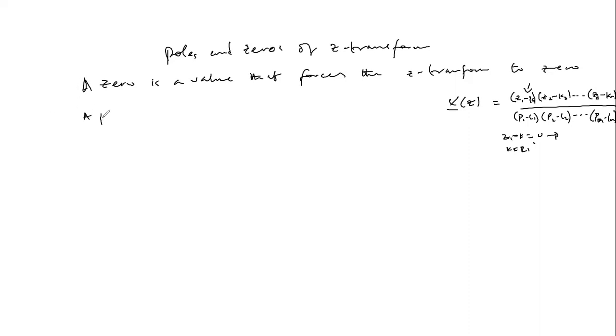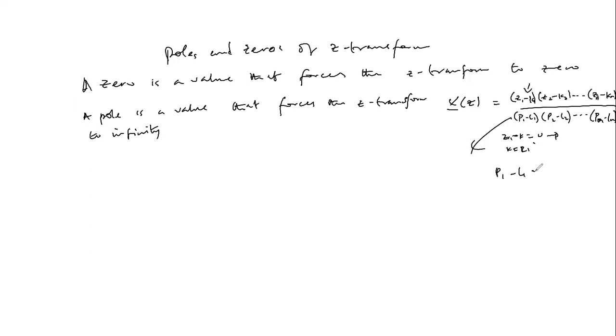And also, a pole is a value that forces the Z transform to infinity. Okay, so if, for instance, P1 minus L1 is 0, it means that P1 is equal to L1.